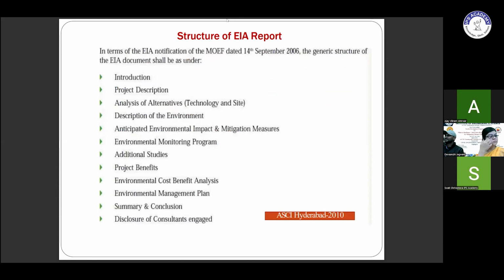First is introduction, then project description, then analysis of alternatives, technology based or location based, then description of the environment, then impacts and mitigation measures, environmental monitoring program, additional studies, project benefits, environmental cost benefit analysis, environmental management plan, which is a must, summary and conclusion, and disclosure of consultant engaged.